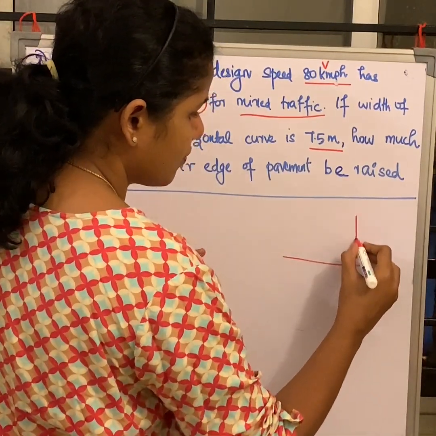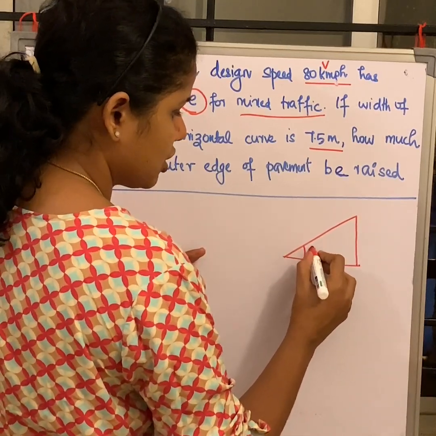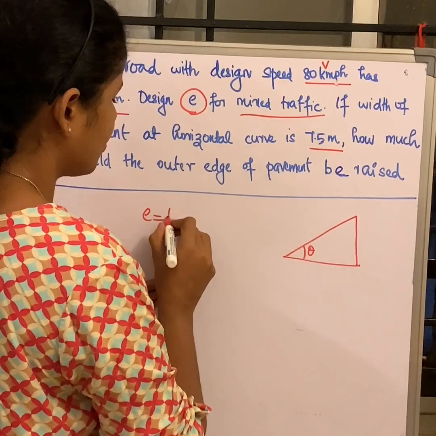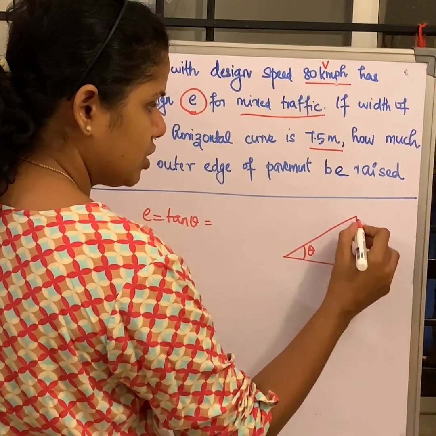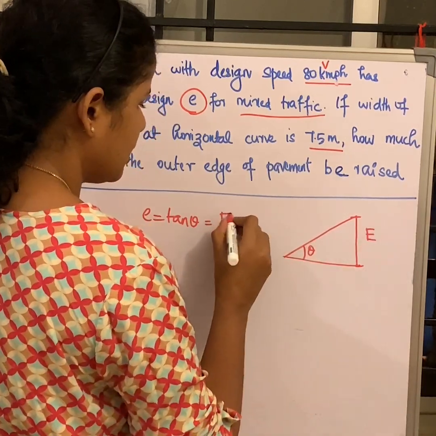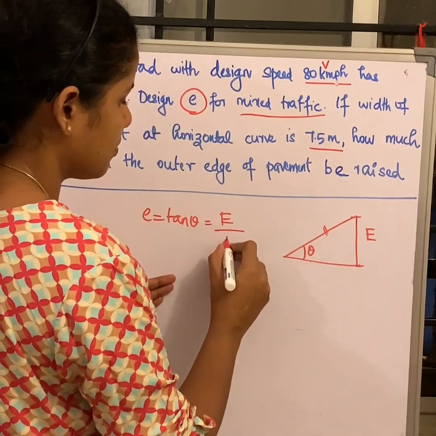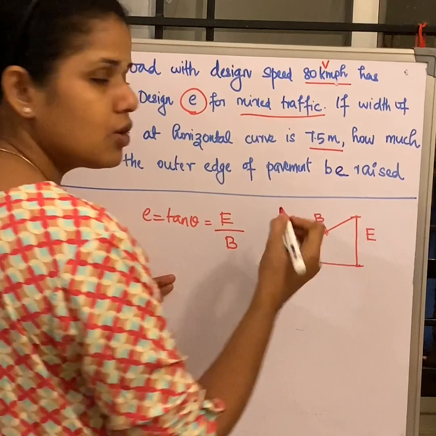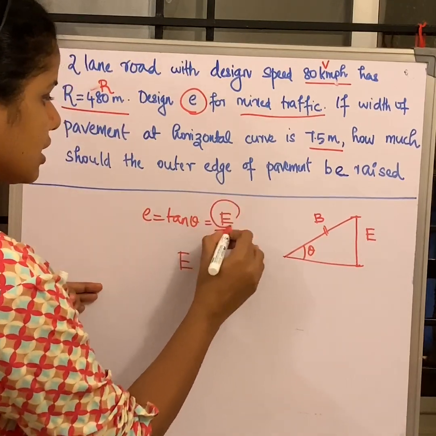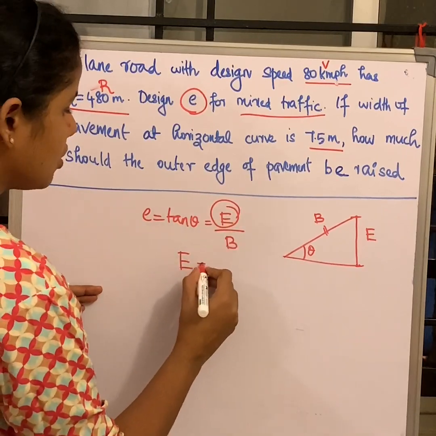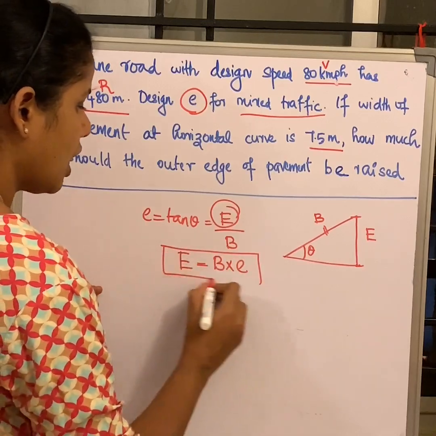Please recall, when we did the super elevation concept, we said the rate of super elevation equals tan theta, which is equal to the height of the outer edge E divided by the width of the pavement at the horizontal curve, B. So they are asking how much is this E. So E is equal to B into super elevation. This is the equation I need to apply.